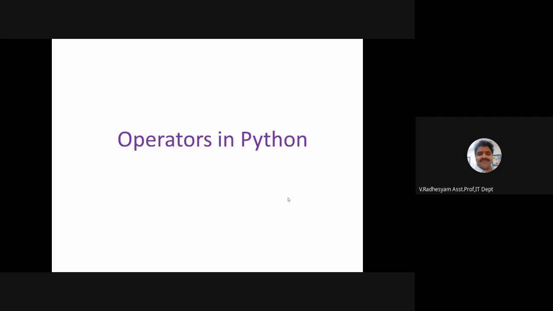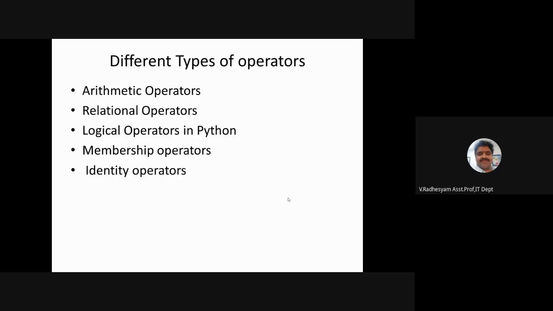Python supports various types of operators. These are the various types of operators supported by Python. In addition, there are a few more types, but for the present class, we will discuss these types of operators: arithmetic operators, relational operators, logical, membership operators, and identity operators.